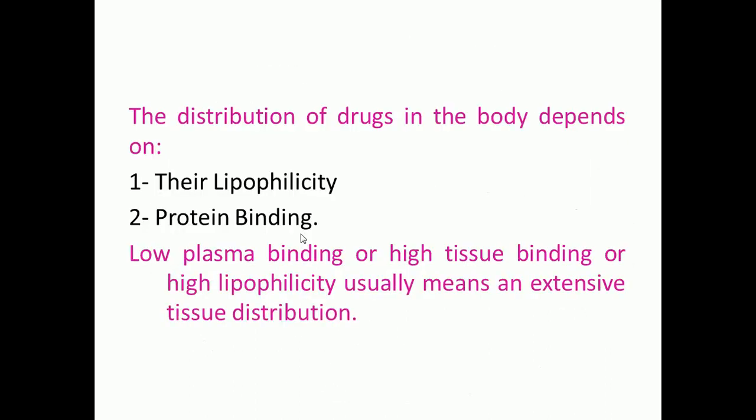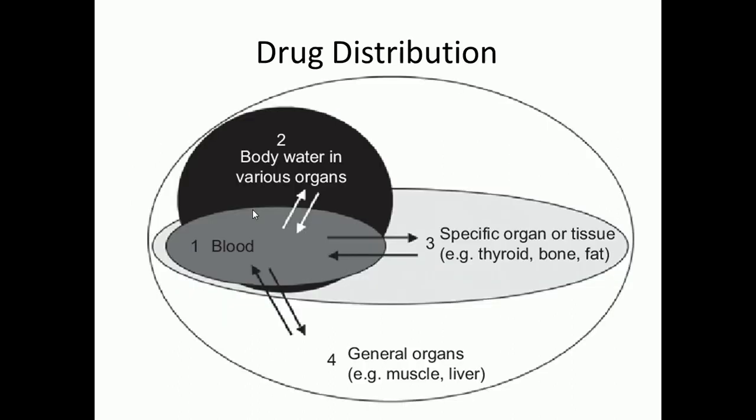If we talk about the patterns of distribution, the distribution of the drug is dependent on two factors: lipophilicity and protein binding. We will come later on to these factors.